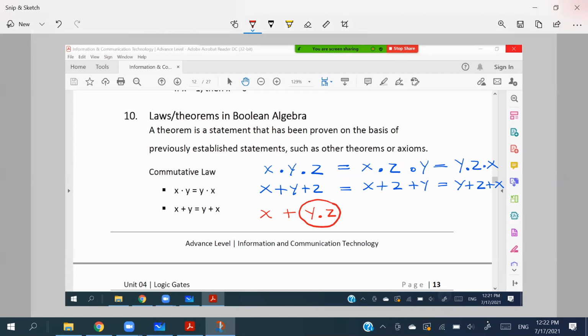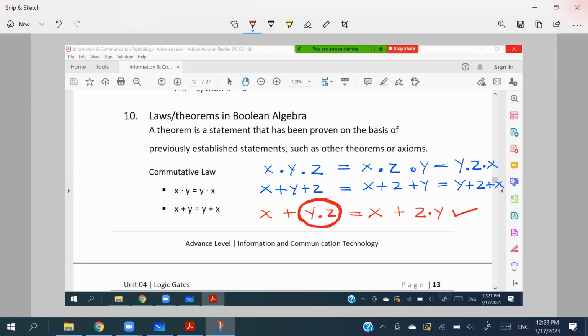The dot operator keeps everything together, while the plus operator separates things. So you can write this as x plus z dot y. That is possible, this is correct.